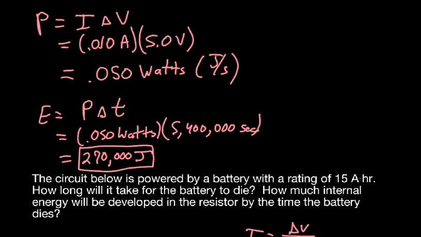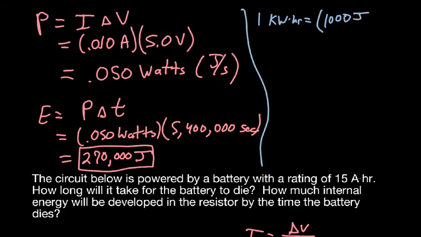So one last thing that we can do with this, 270,000 joules, how many kilowatt hours would that be? And you don't have the conversion for kilowatt hours given to you anywhere, so I would just calculate this every time. So 1 kilowatt hour is 1,000 watts, 1,000 joules per second, times an hour is 3,600 seconds.